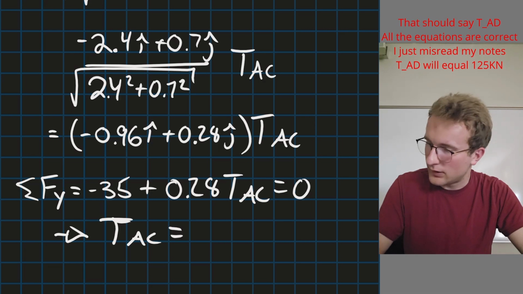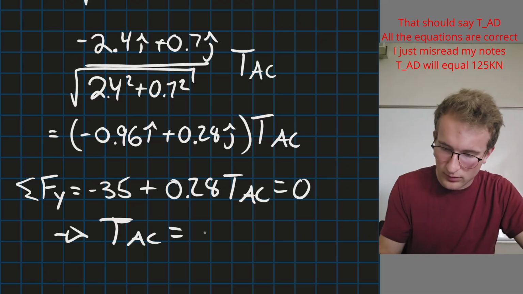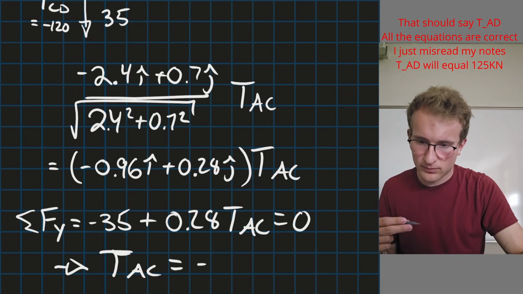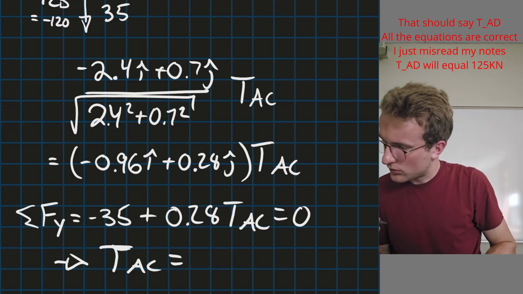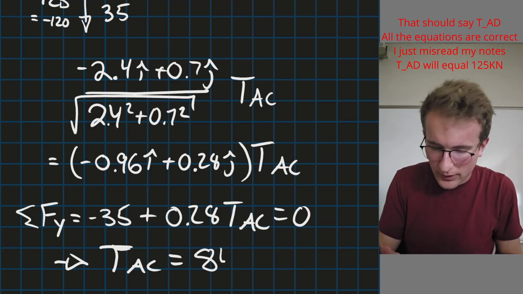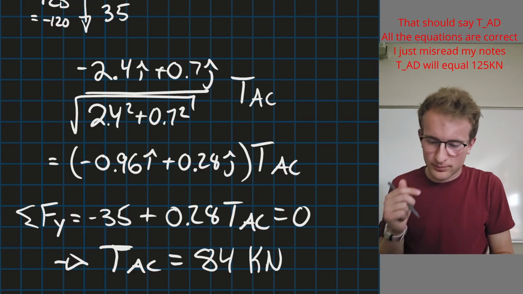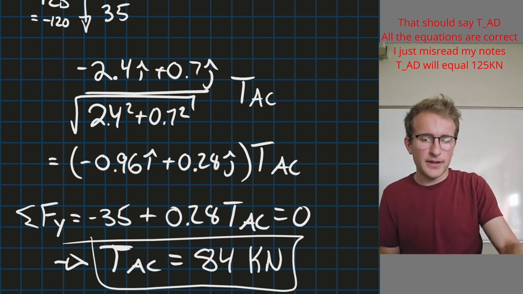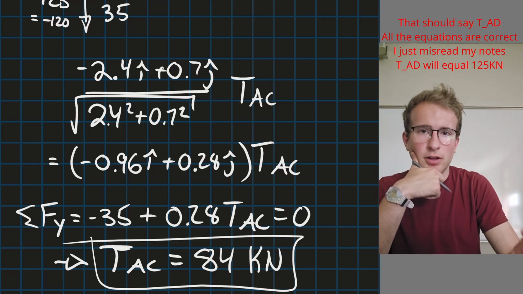Solve for tension in AC. Looks like I get 84 kilonewtons. All right. So now we have solved for all of the tensions and compressions in all of the members.